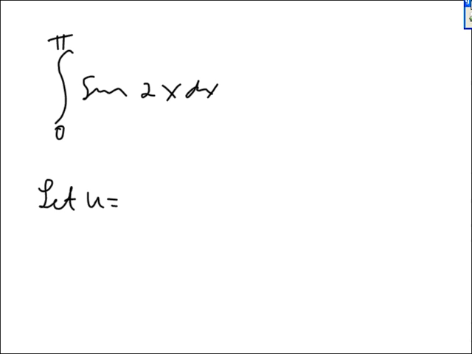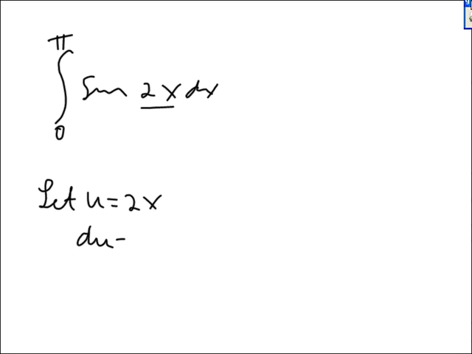Let's do something else in this section. Now it can be a definite integral. Suppose you have the integral of the sine of 2x dx, and you're going from 0 to pi. Again, let u equal the angle, 2x.